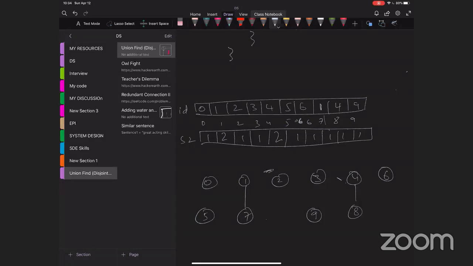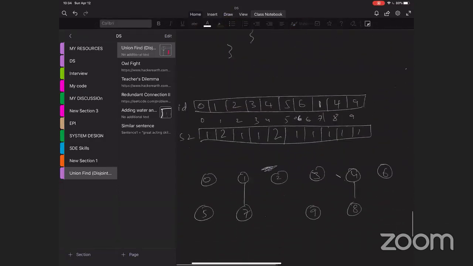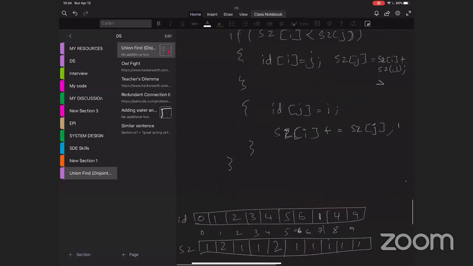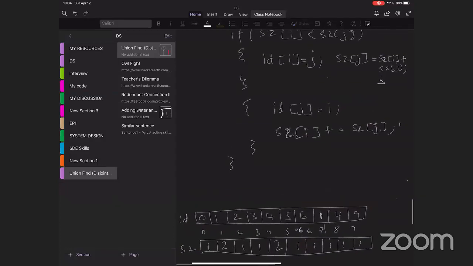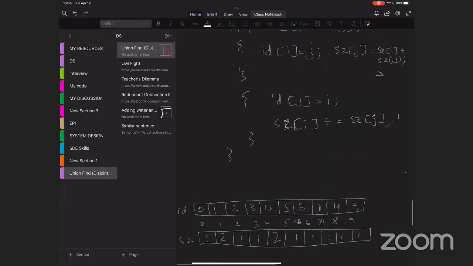Let's quickly run through an example where we are making the smaller tree a child of the larger one. 1 and 2. Okay. So for 1 and 2, are we going into the if block? Where size of I is less than size of J? No, we are still going to the else block. When I'm connecting 1 and 2, size of I is equal to 2, so it is not less.